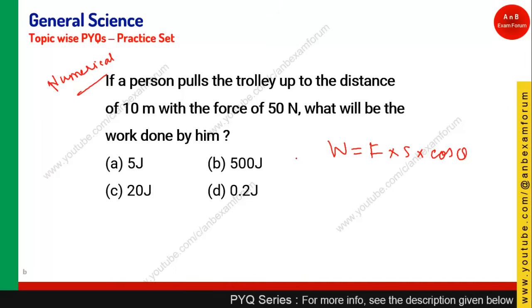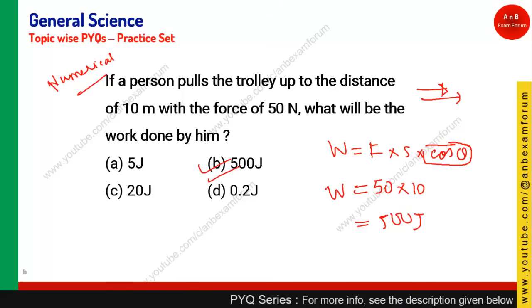In this case, it is in the same direction, so the angle between force and displacement is 0, and cos 0 is 1. So work done will be force 50 Newton times displacement 10 meter, so it becomes 500. As we have seen, the unit of work is joules, so 500 joules. So option B is the right answer.